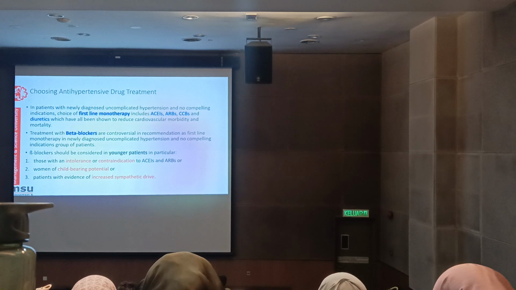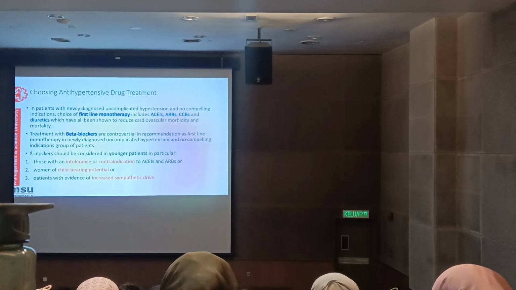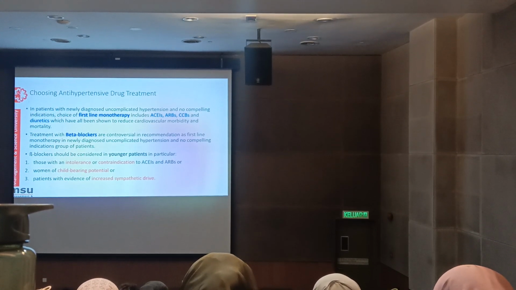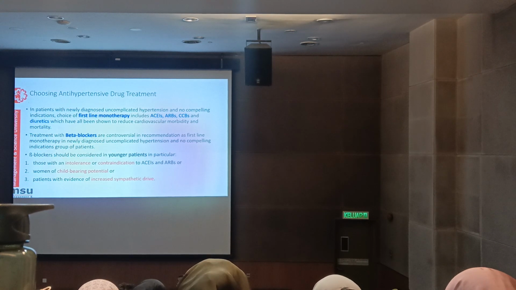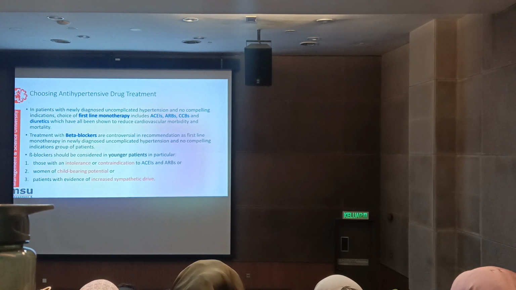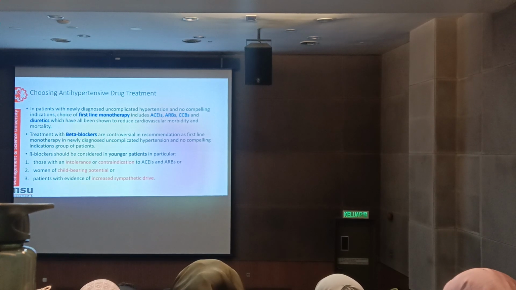Okay. So now, if we consider beta blockers, it's not wrong if you tell me we have 5 classes as first line, because some guidelines consider beta blockers as a 5th class in first line of therapy. But for the guidelines that consider beta blockers as first line, you have to consider the 3 points here.